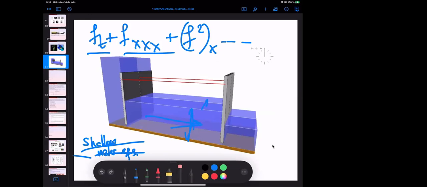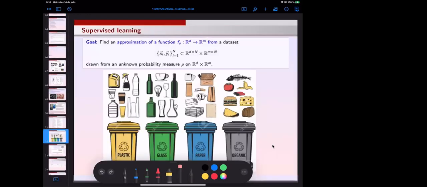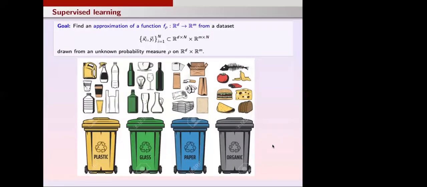Good. But now when I come to machine learning, to supervised learning, the first question I have to address is, okay, we say that this is machine learning. My claim as a control theorist is that this should be control as well.